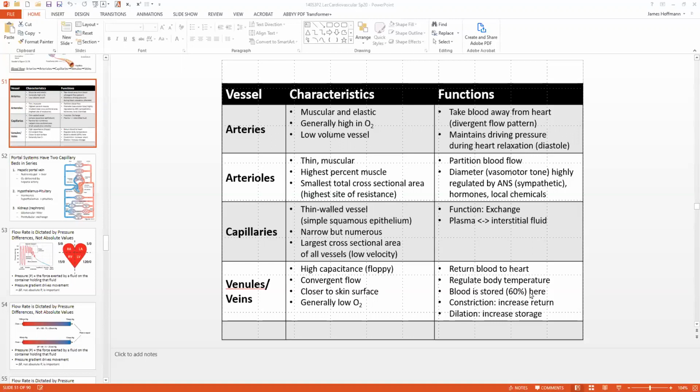You always have some tone there, which means we can always send fewer action potentials and get more and more dilation if we need to. It's never completely off, because if it was completely off, then you couldn't dilate anymore. They're also regulated not just by the sympathetic system, but by hormones. We talked about epinephrine, a sympathomimetic, a little bit.